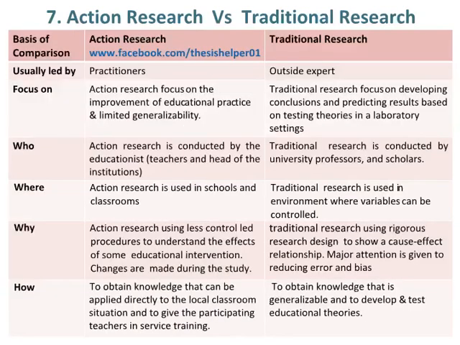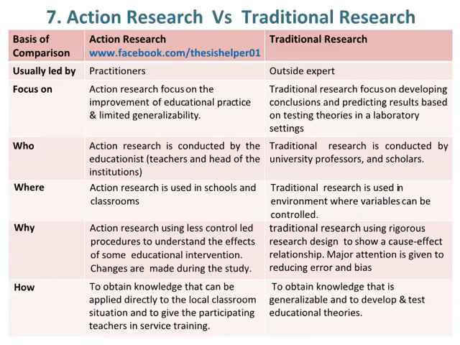Action research is usually led by practitioners, whereas traditional research is usually led by outside experts. Action research focuses on the improvement of educational practice and limited generalizability, whereas traditional research focuses on developing conclusions and predicting results based on testing theories in laboratory settings.